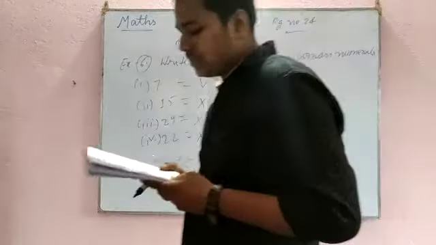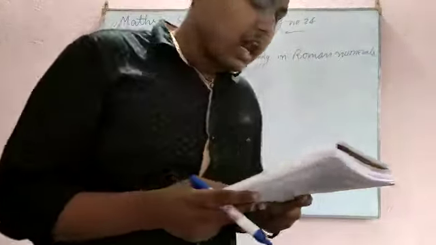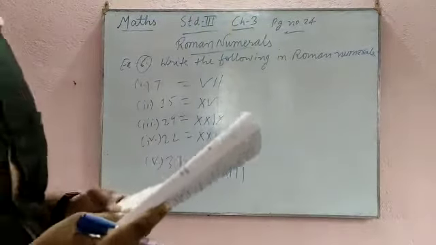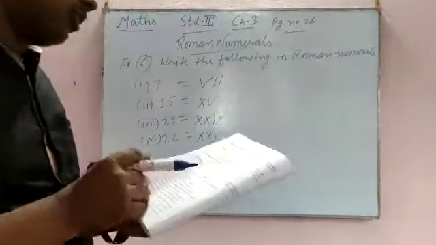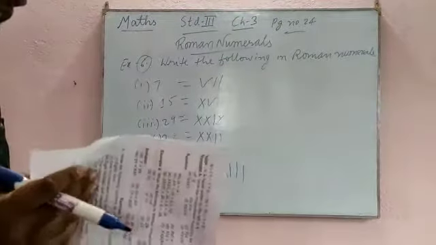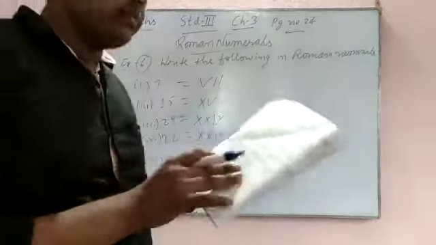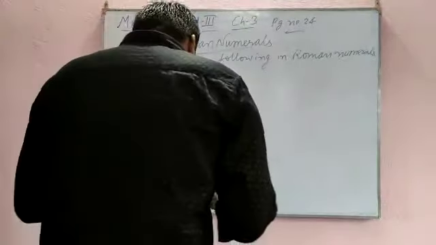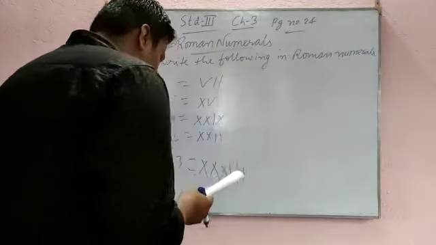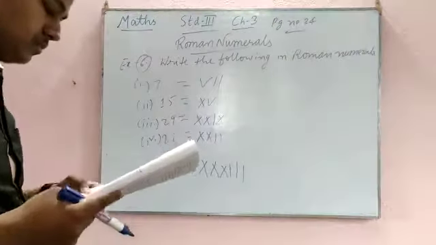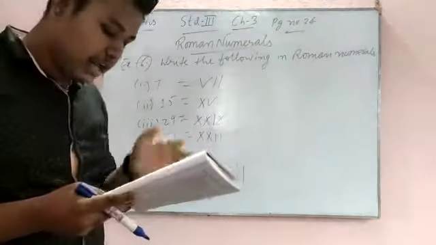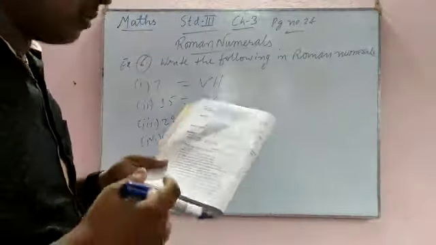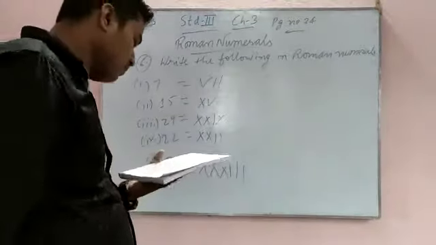Now coming to exercise 7, first question is write the following number by using Indian numerals. Example already explained, but you have to take the help of page number 20, okay, because there is a table on page number 20. Now question number 2, read and then write the following number in words.